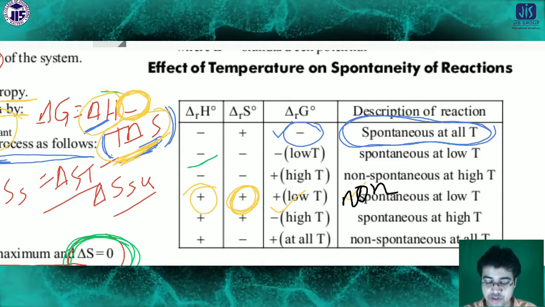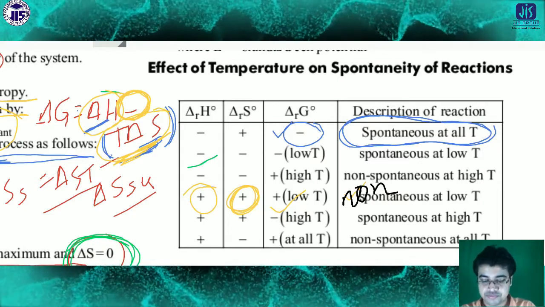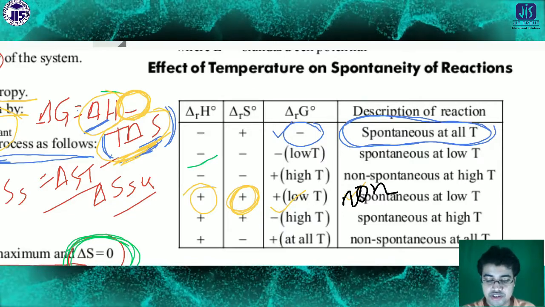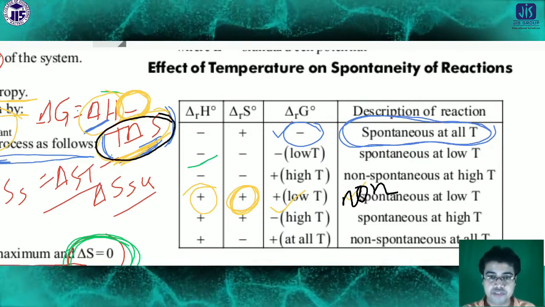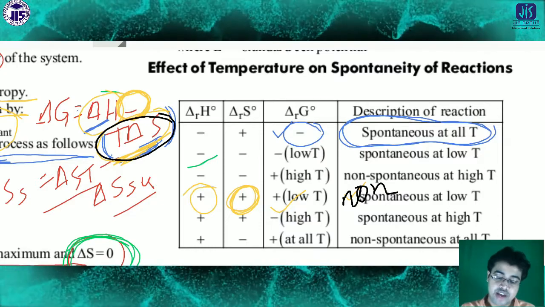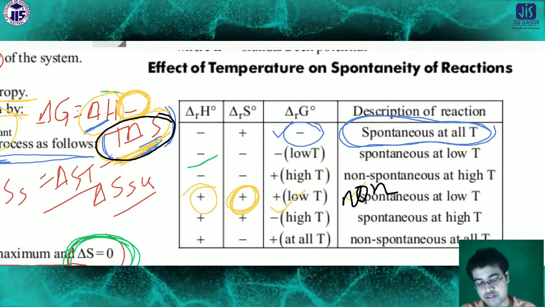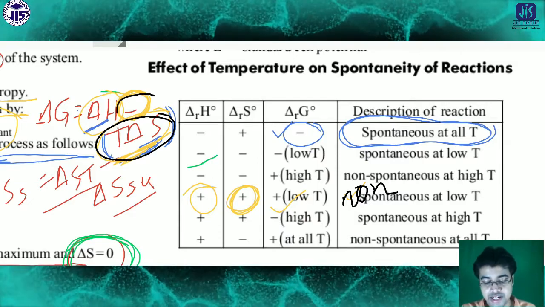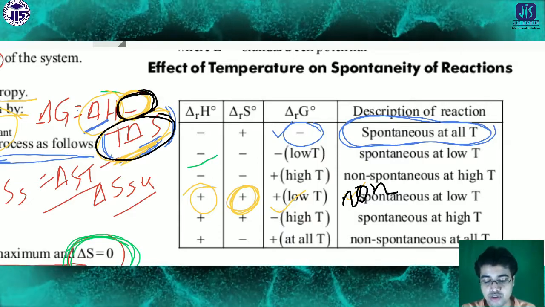Look here, because if it is very low temperature, then this value will be positive. Positive means it will be negative, but the negative value is very low due to low temperature.